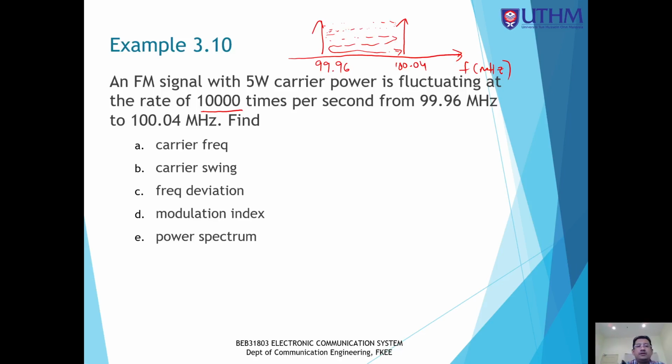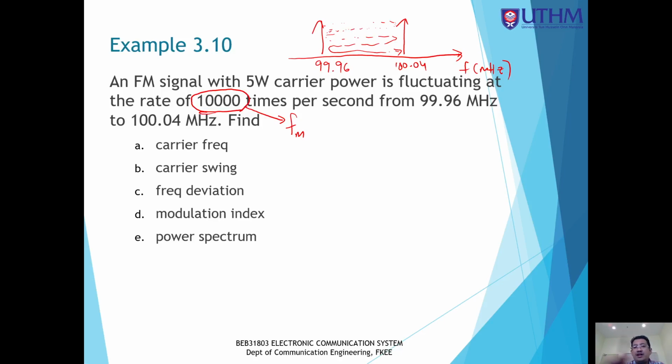So what does it mean? This 10,000 is actually referring to the rate of the information signal, the frequency of the modulating signal.